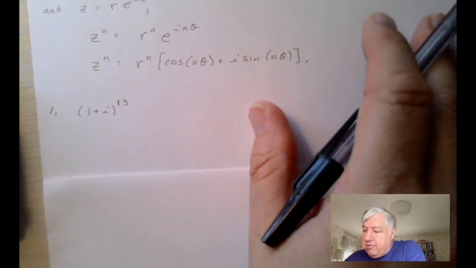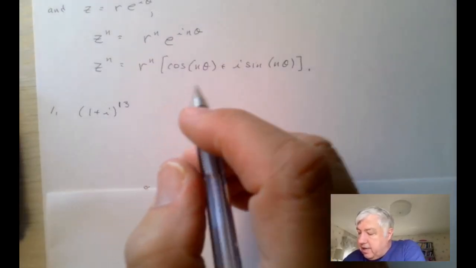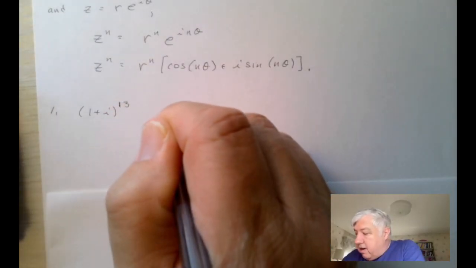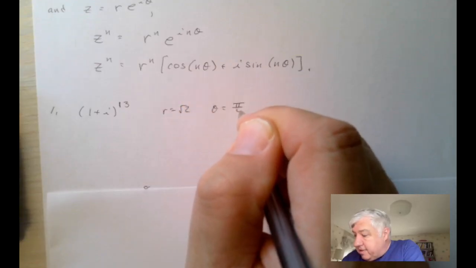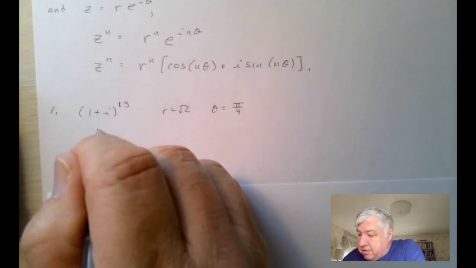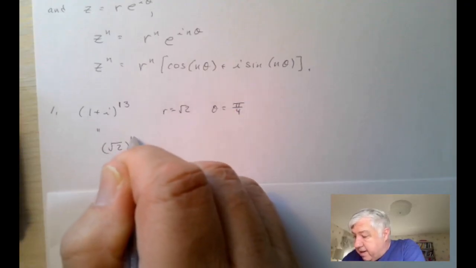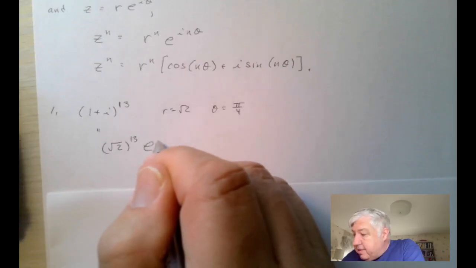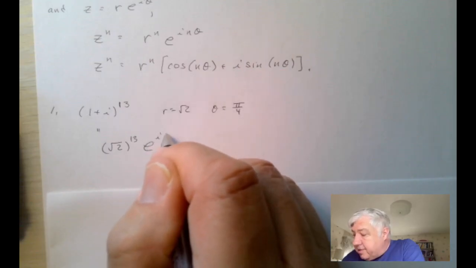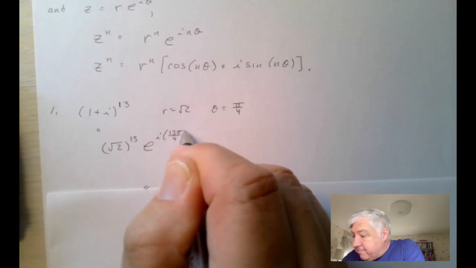So let's see how we can do this. If we want to compute 1 plus i to the 13th power, we already know that r is the square root of 2 and theta is pi over 4. So this should be equal to square root of 2 to the 13th power times e to the i times 13 pi over 4.